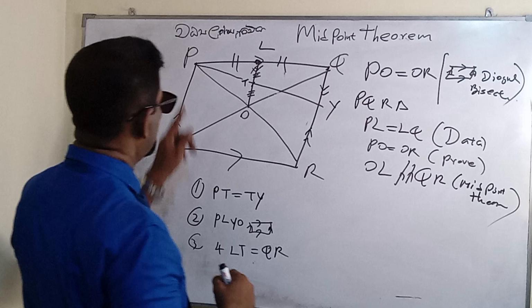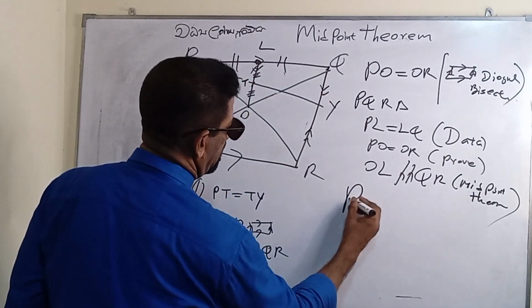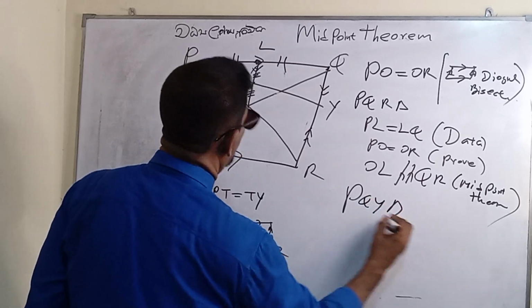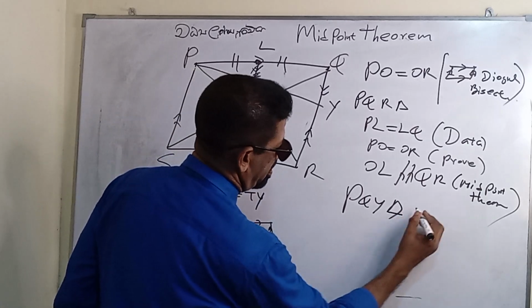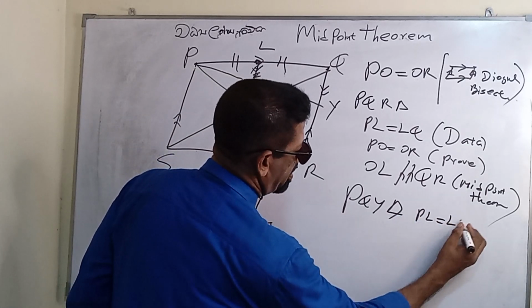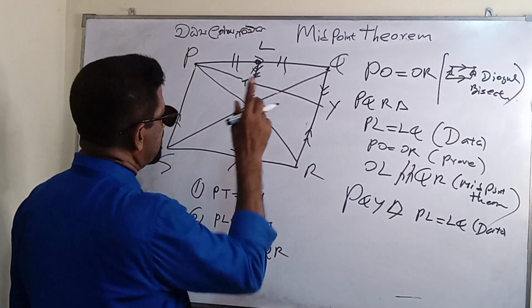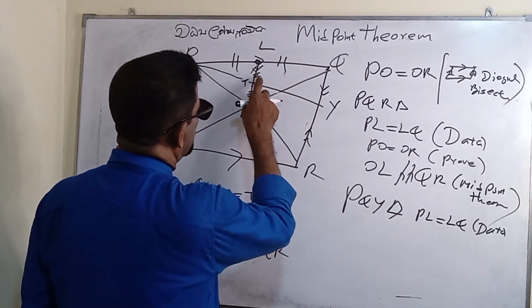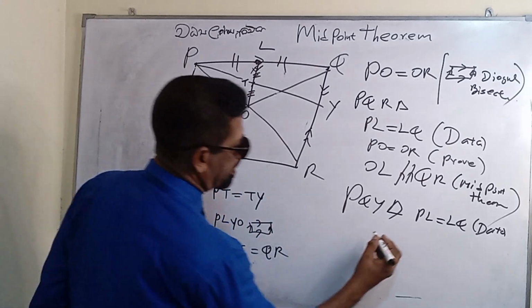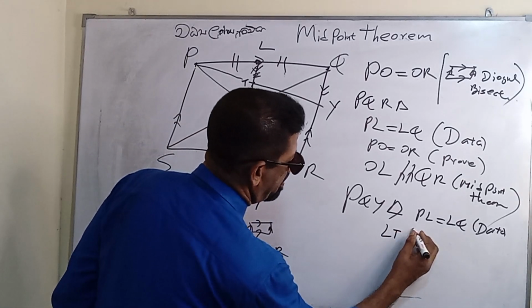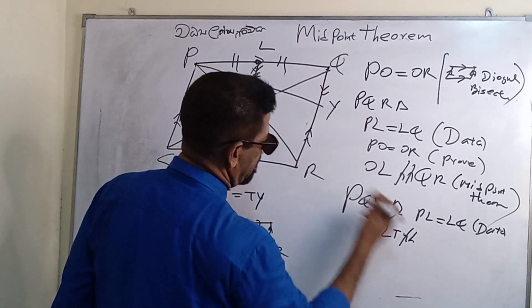Now we need PT and TY. Then you select triangle PQY. We know PL equals LQ is given data. Right, so now we have proved that LT is parallel to QY.